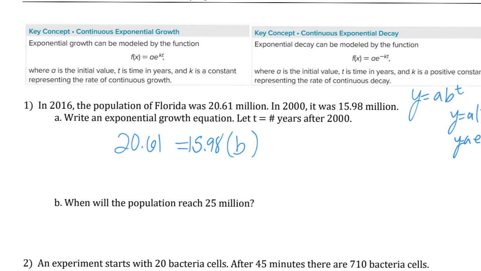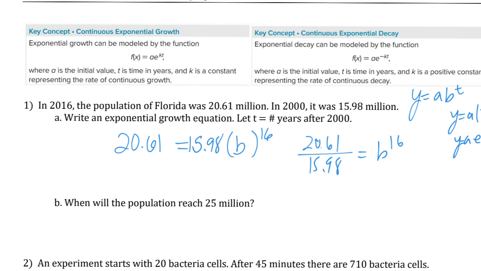Because 2000 to 2016 was 16 years, we're going to solve this to find the growth factor. So divide both sides by 15.98, so you get 20.61 over 15.98 equals b to the 16.